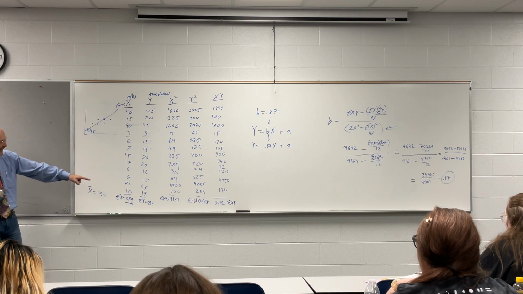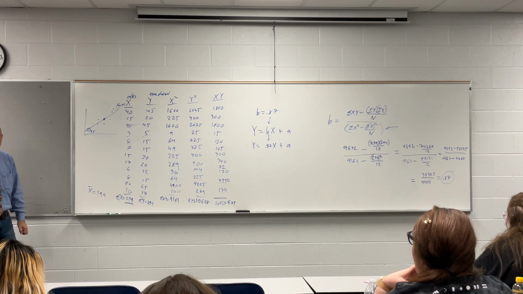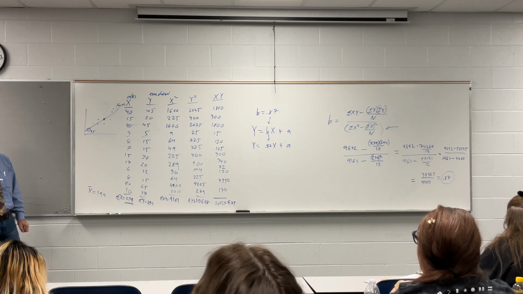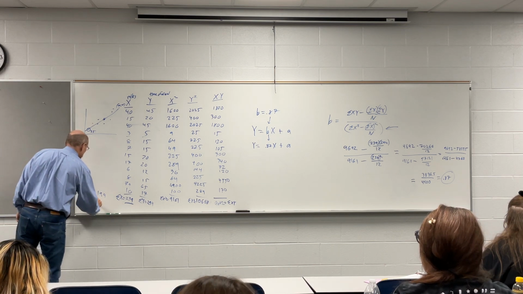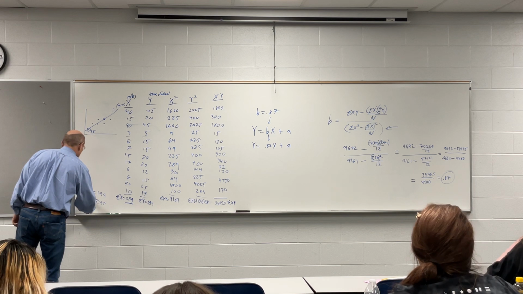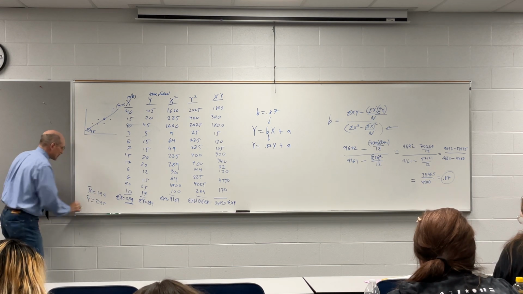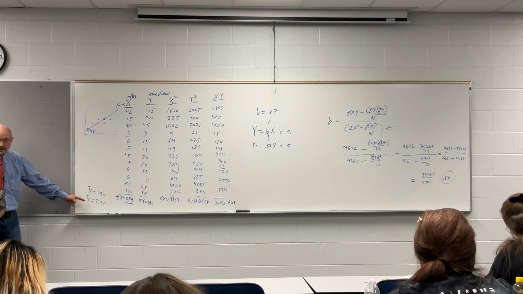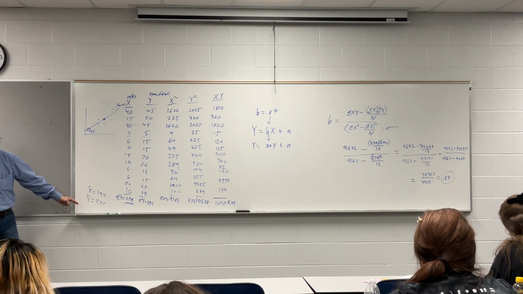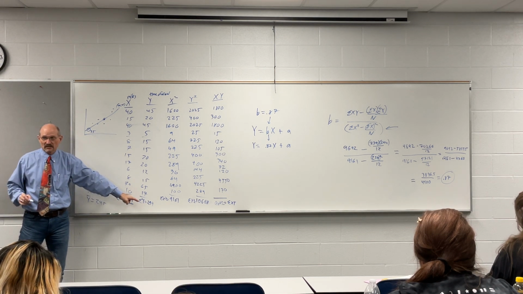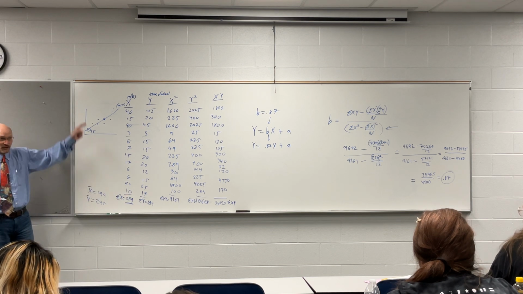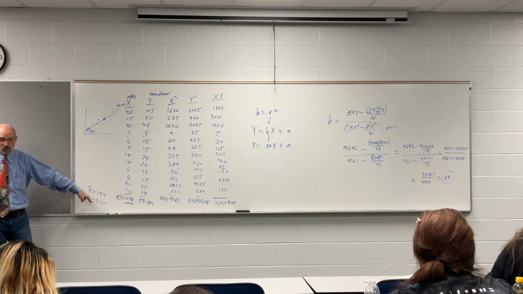For the mean of y, 294 gives me a value just a hair under 25, 24.5. So now I got a mean for x and a mean for y. Does everybody see where I got those two terms? I took the sum over here, divided by the total number of scores, which is 12 in this case. Got a mean. Because these are sample sets of data, x bar, y bar.